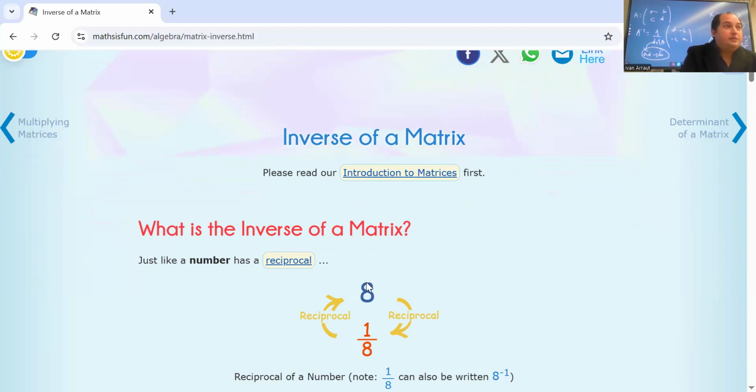The inverse of 8, for example: you have a number, and I want to tell you what is the inverse of number 8. It's 1 divided by 8. Why? Because when you multiply 8 by this number, you obtain 1. The reciprocal of a is 1 over a.